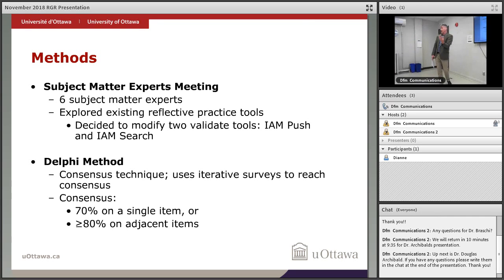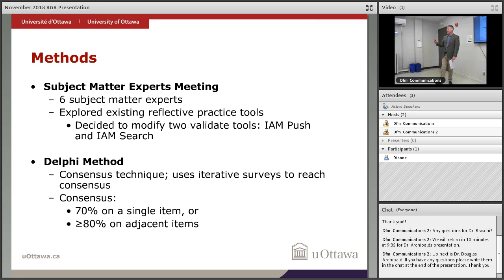We took a look at this IAM questionnaire, which had already been validated, and worked out how we could take this tool and make it applicable for eConsult and eReferral. There was a lot of discussion and back and forth during this meeting and then through email to develop what we thought would be a sound, reflective tool for eConsult and eReferral.